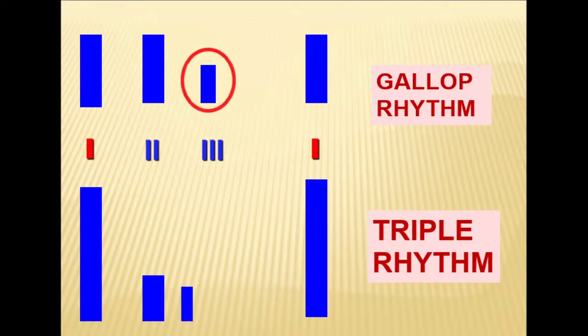To differentiate gallop and triple rhythm, when we hear three strokes instead of two, we pay attention to the intensity of the first sound. If the third stroke is accompanied by a weakened first sound, we are talking about gallop rhythm because it is audible vibration of the heart muscle. In triple rhythm, the third stroke is accompanied by a loud snapping first sound because we hear the process of opening the mitral valve in a patient with mitral stenosis.